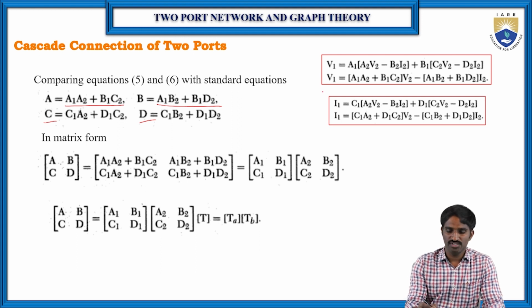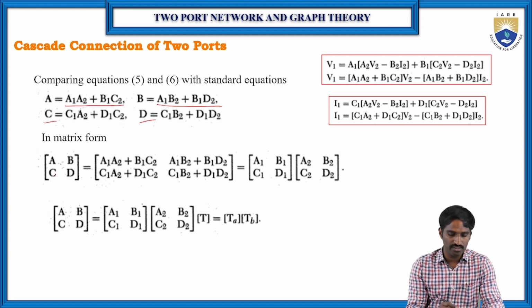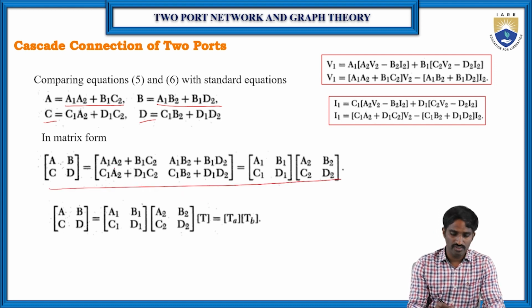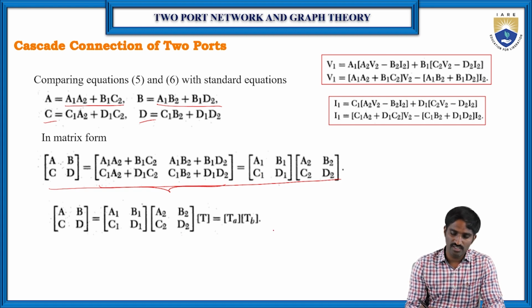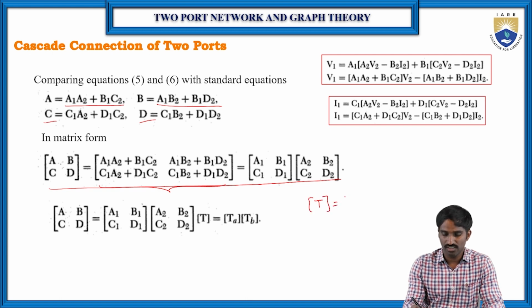If you write this in matrix form and simplify, it is the matrix A1 B1 C1 D1 times the matrix A2 B2 C2 D2. Which means the resultant transmission parameters are equal to the product of the individual network parameters.